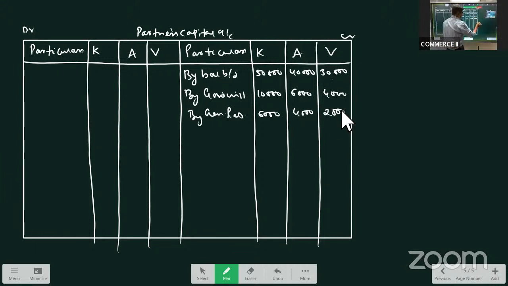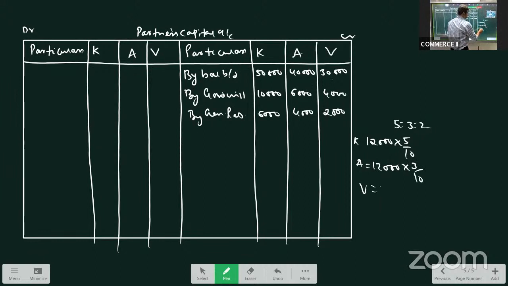Let us check once. What is the amount given? 12,000 into 5 by 10. What is the ratio? 5:3:2 is the profit sharing ratio. So 5 by 10 goes to Kamala. Amala will get 12,000 into 3 by 10, and Vimala will get 12,000 into 2 by 10.